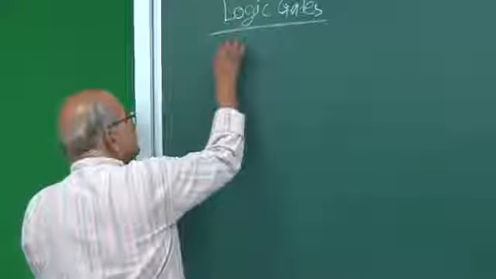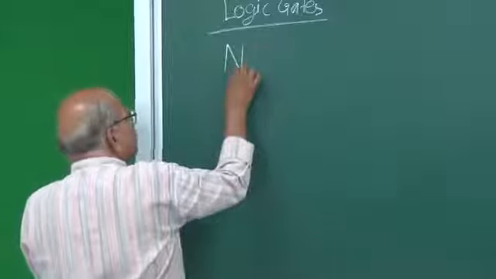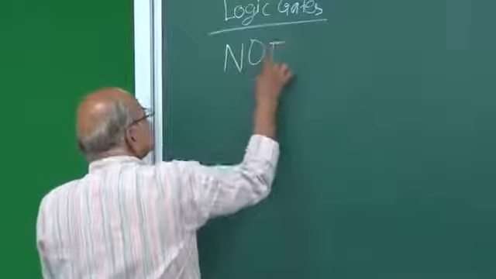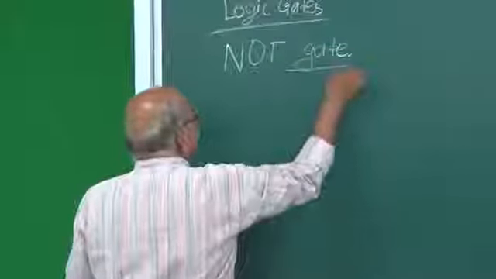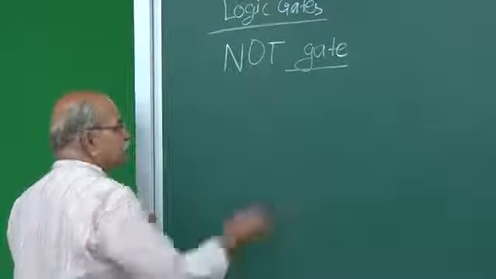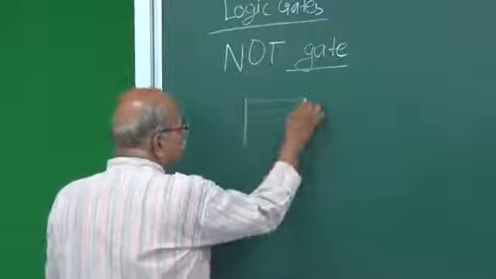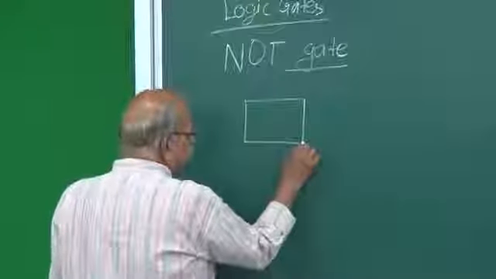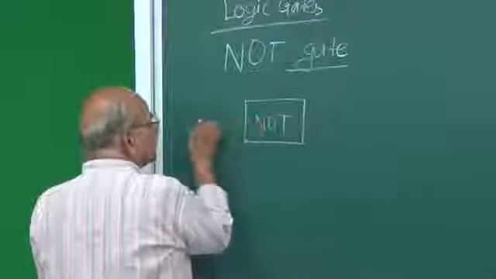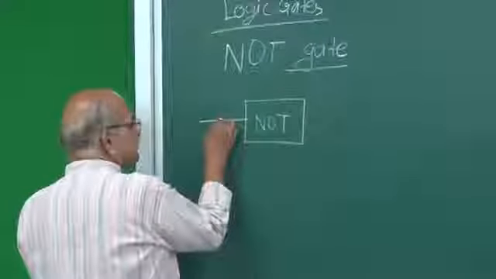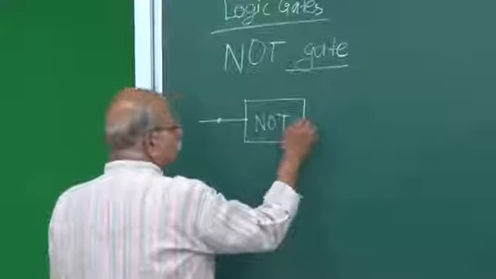The first one is, let's talk of this NOT gate. This is called NOT gate. And what is this? It's very simple. It takes one input, just one input, and then it gives one output.